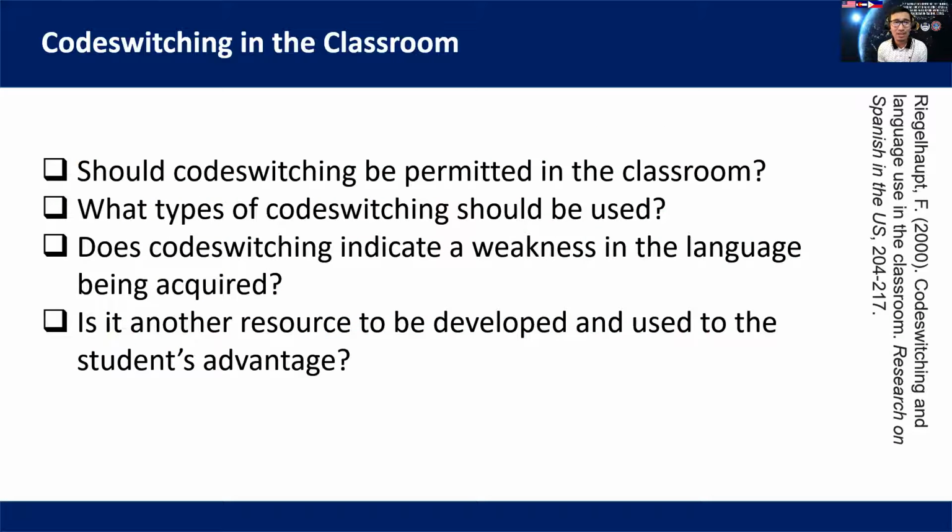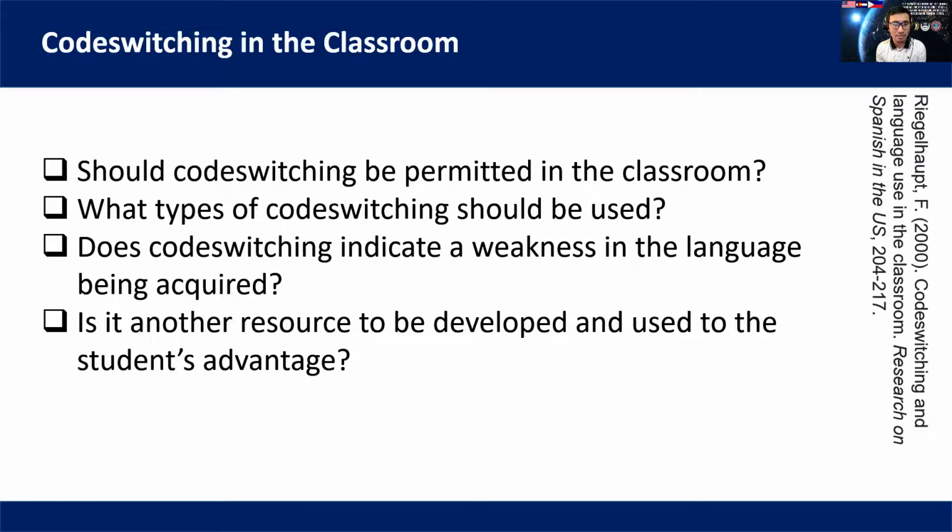And this use of bilingualism is close to the concept of code switching in the classroom. I know that we're familiar with code switching, all right? So we have to answer the following questions: whether or not code switching is good in the classroom.